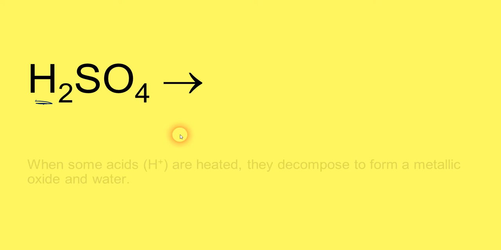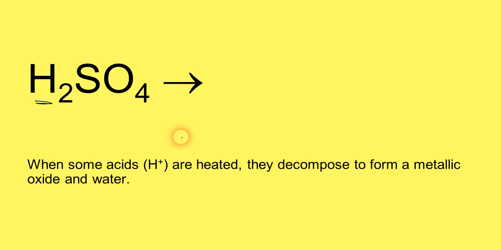Let's do another decomposition. Here we have H2SO4. Hopefully you recognize that as being an acid, since it starts with the hydrogen ion. So the rule for acids, as you can see on your list of rules, is this one. When some acids are heated, they decompose to form, and that's incorrect here, that should say a non-metallic oxide, and water.